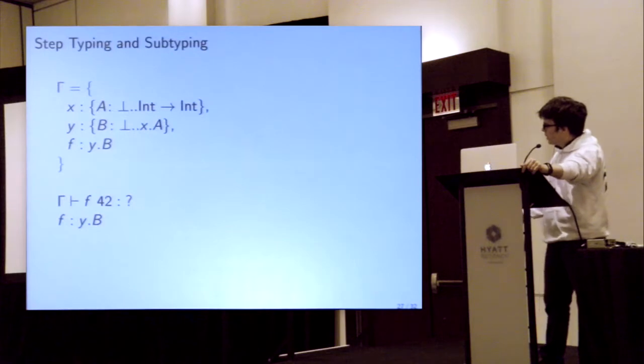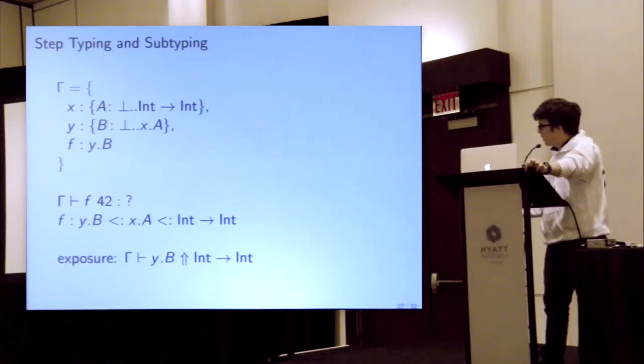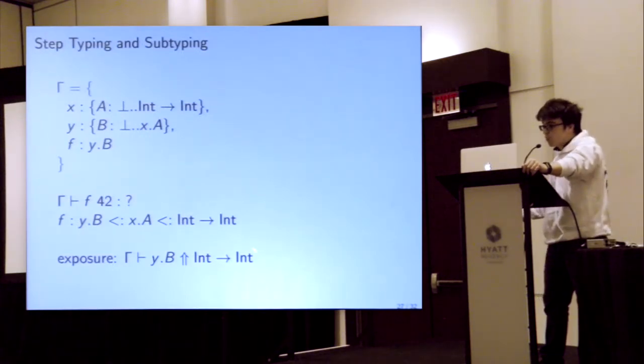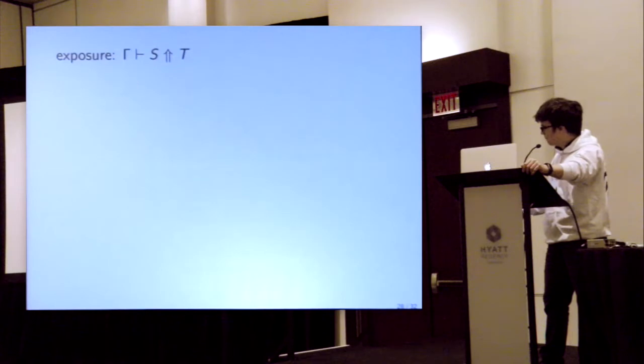And so what we need is a way to notice that f has type y.B, which is a subtype of x.A, which is a subtype of Int => Int, meaning that the whole thing will type check. And the way we do that is with this auxiliary exposure operation, and we read this as y.B exposes to Int => Int under Gamma.